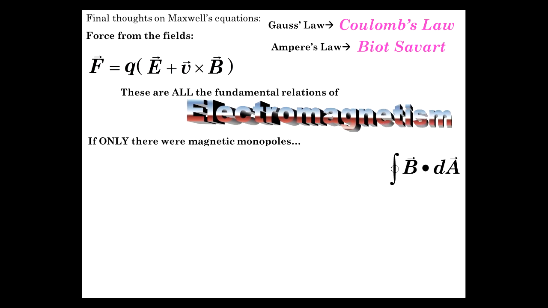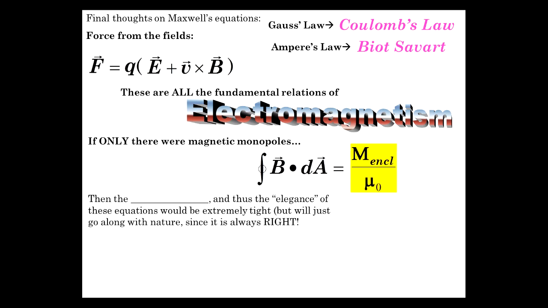If only there were magnetic monopoles, and we'd have closed integral of B dot dA is, instead of 0, M enclosed over mu 0, then there would be greater symmetry and elegance in these equations. But nevertheless, we can't argue with nature. We will go with what nature gives us and simply marvel at the resulting reality that we live in.